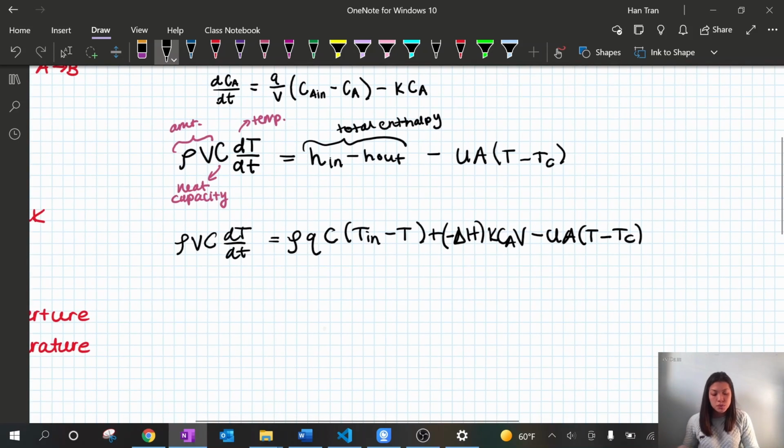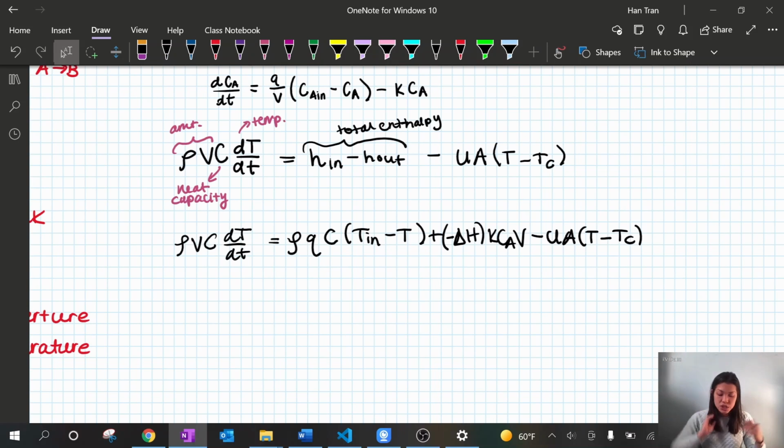So now what we want to do is isolate the change in temperature over change in time on the left there. And so we're going to divide both sides by the density, the volume, and the heat capacity.